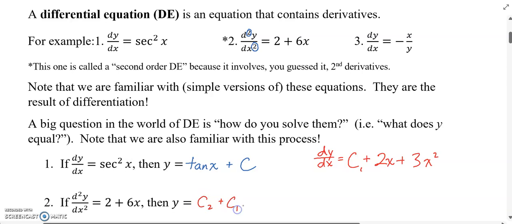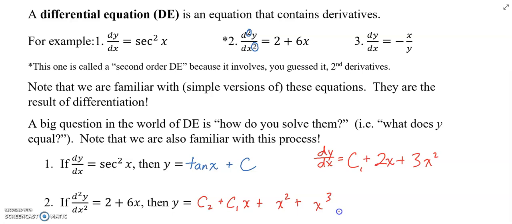C1 is now going to be multiplied by some variable x, and the 2x is going to turn into x squared: the x to the first is going to turn into x to the second, and we're going to divide the 2 by the new exponent of 2, so we'll get 2 divided by 2, which is 1. And same thing with this, the 3x squared is going to anti-differentiate to x cubed. And that would be the general solution for the second order differential equation.